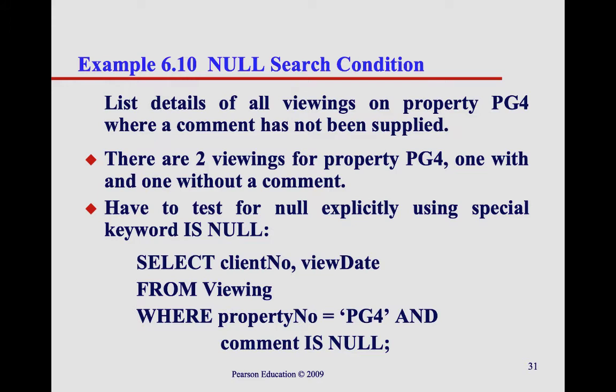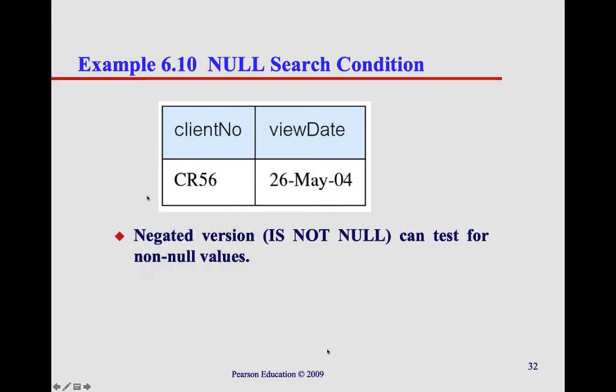But why they still made that decision is beyond me. I understand what is happening. I don't know why they decided that had to be the case. So if you want all comment fields that aren't null, you would say is not null.